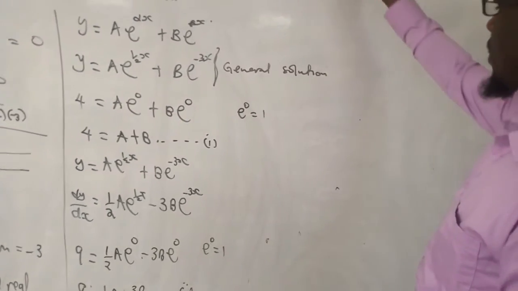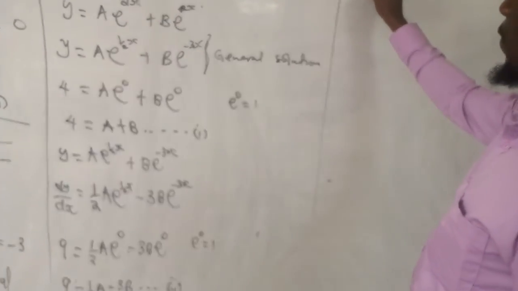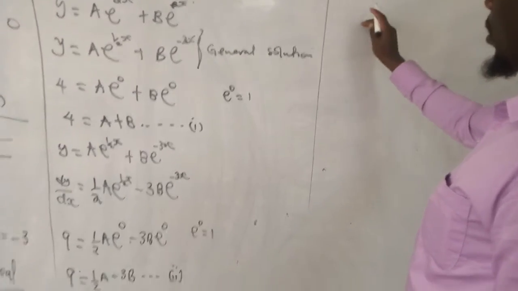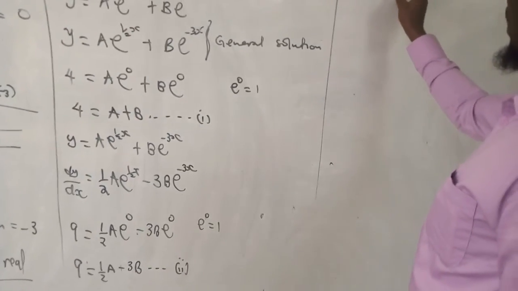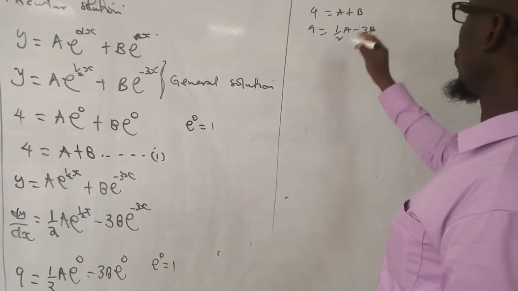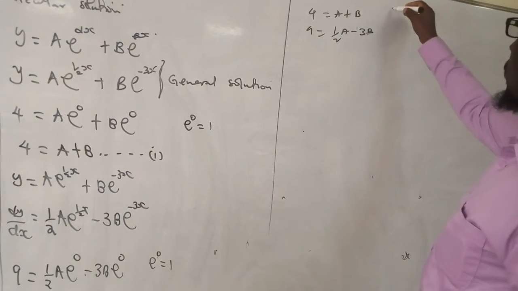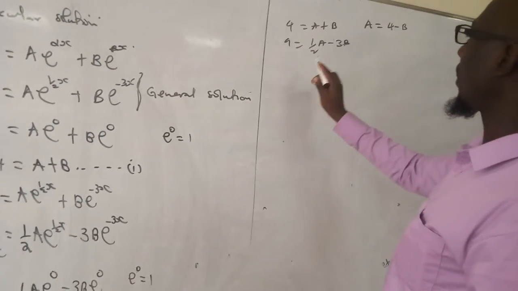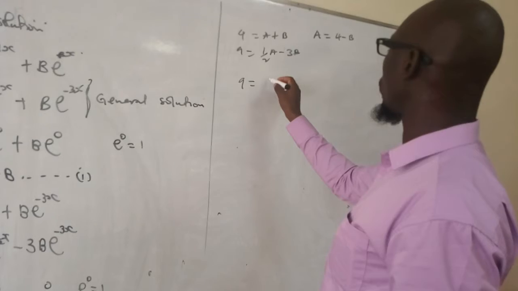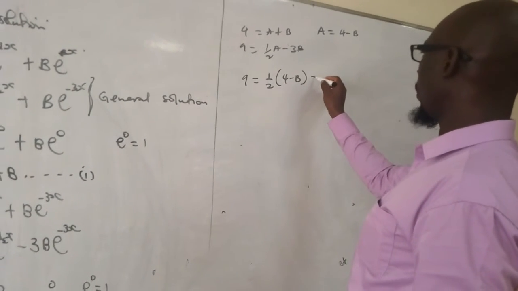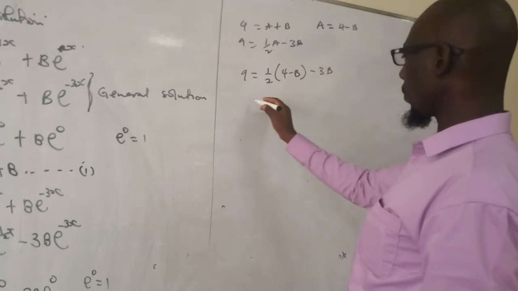So you bring the first equation as 4 is equal to a plus b, and then 9 is equal to a half a minus 3b. You can make a the subject of the first equation as a is equal to 4 minus b. Replace in the second equation, you get that 9 is equal to a half into 4 minus b minus 3b.